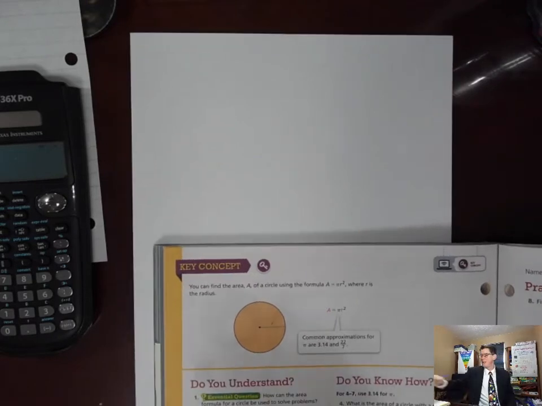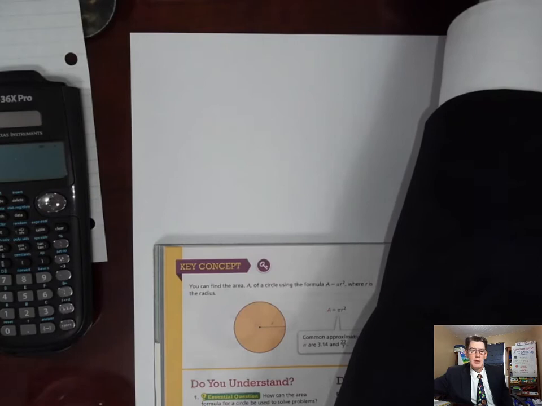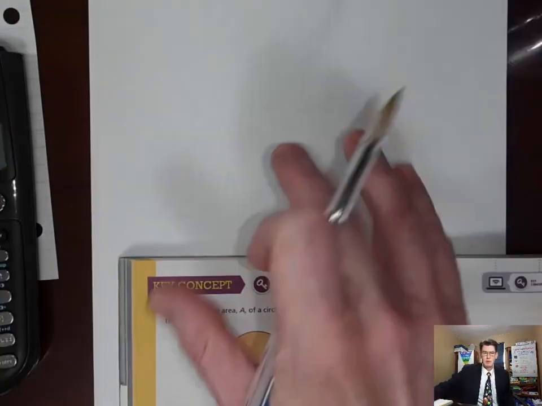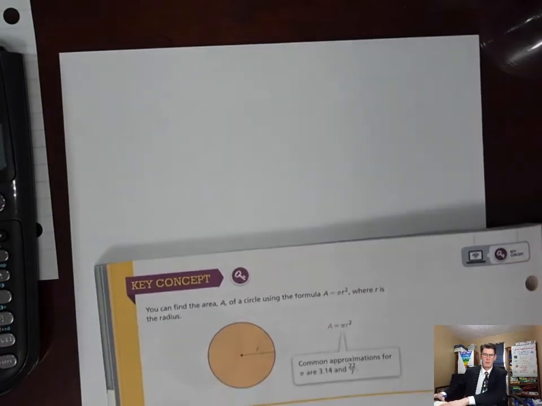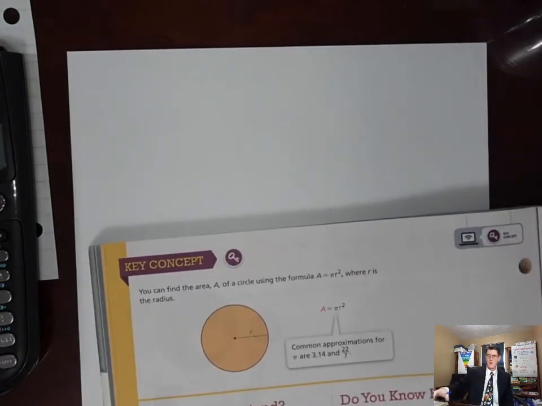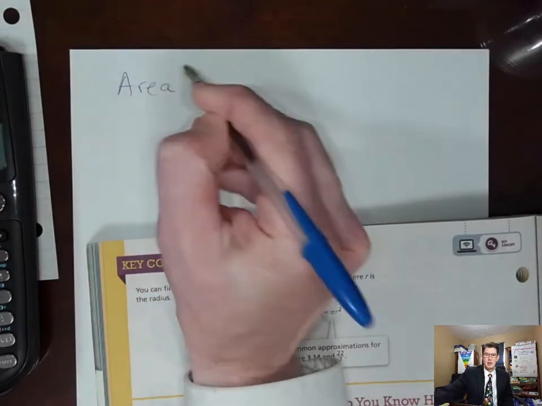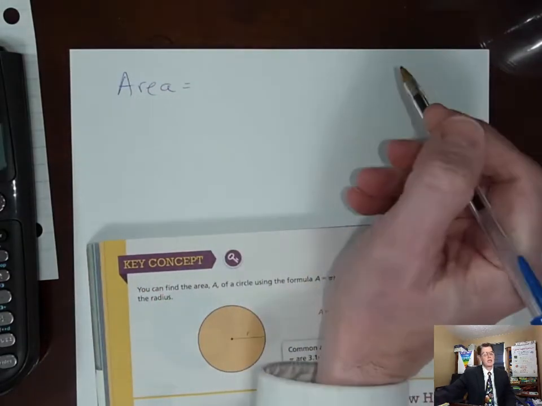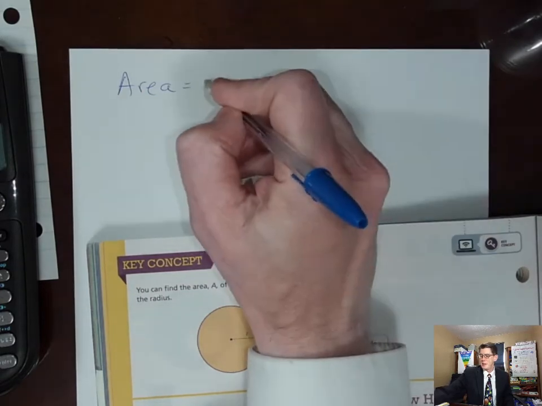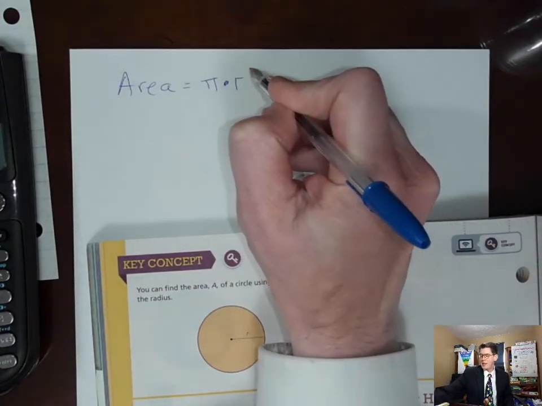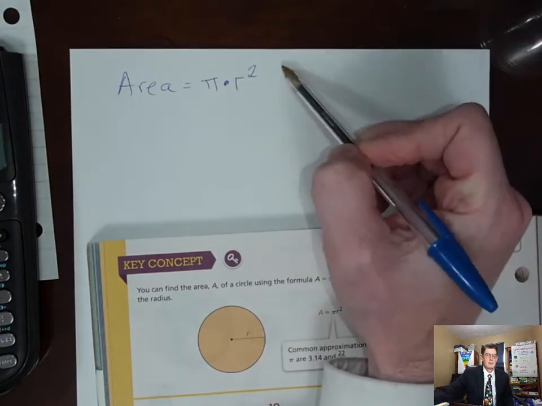Today's assignment is simply to know that the area of a circle, it's written here on page 452, these are some notes you can write down if you want to keep it somewhere, is simply that number pi that we've talked about times whatever the radius is squared.